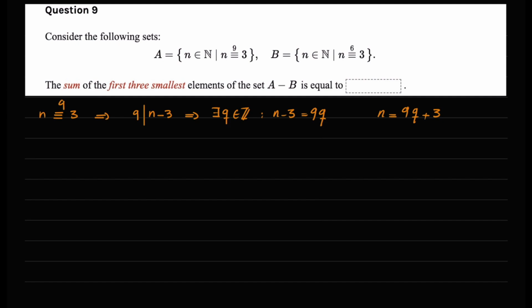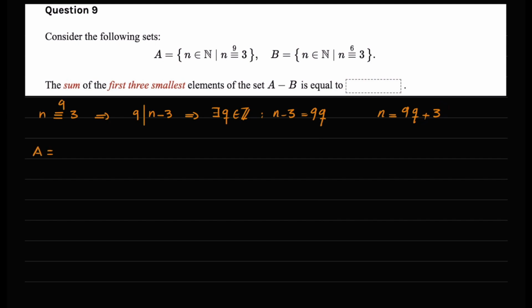But of course, q is an integer, but n is a natural number. So I cannot choose negative values for q because then I will have negative values for n, and n should be a natural number. So this means the smallest q that I can choose is 0, which gives rise to 3 for n. So let me write the list of A.